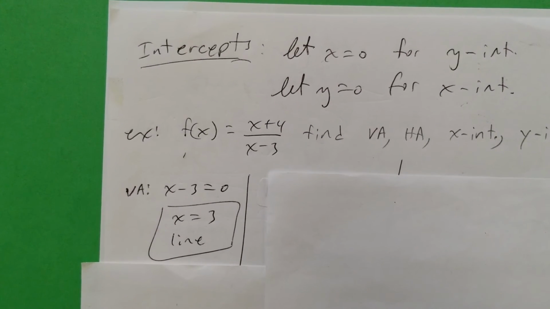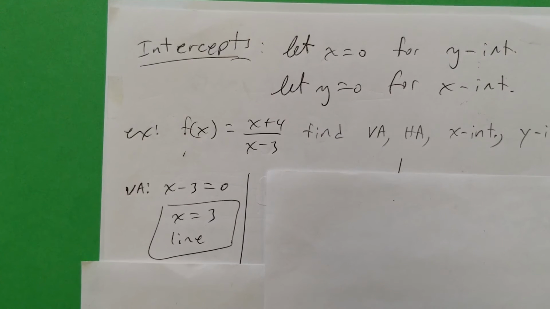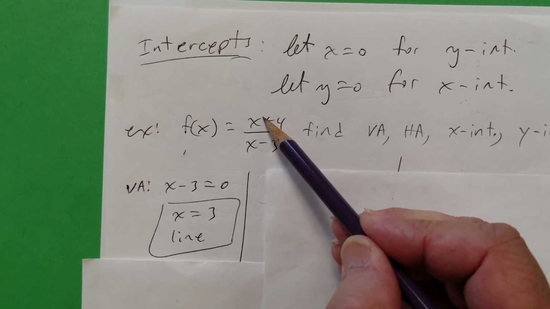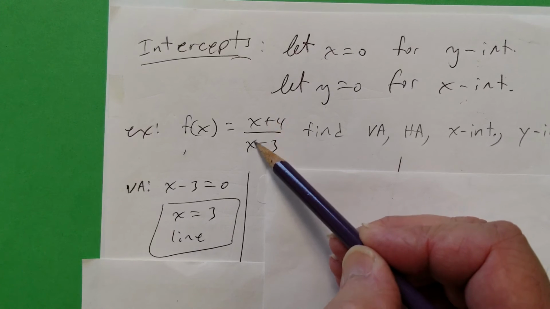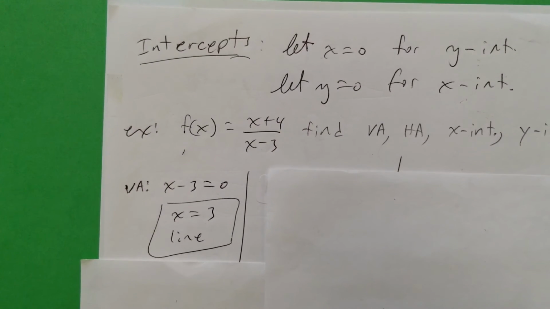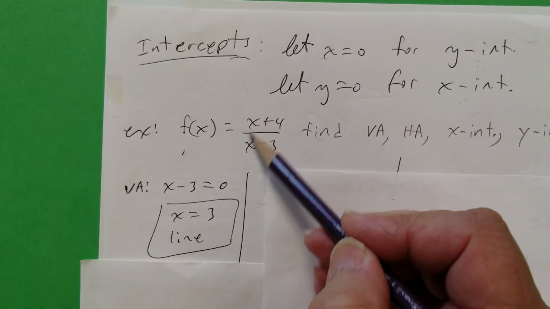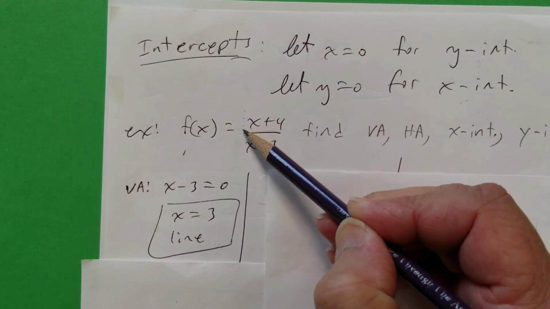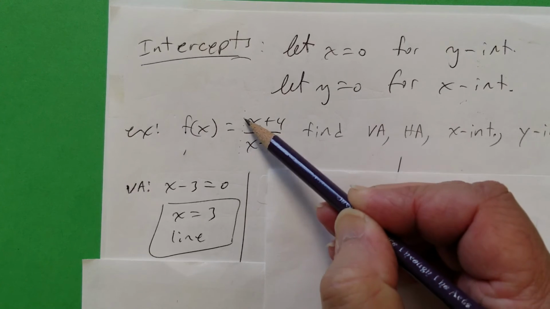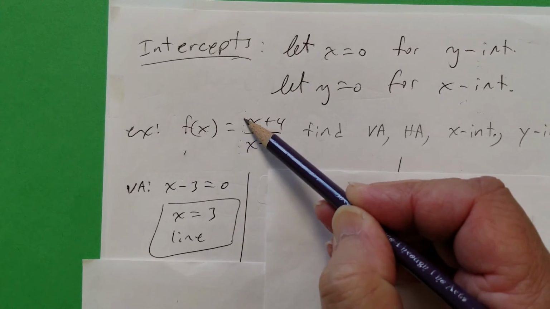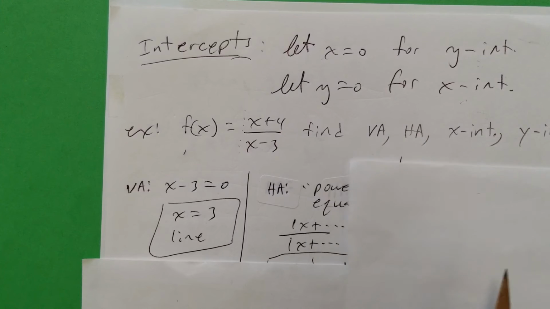What about the horizontal asymptote? That's when we check the powers of x. Oh, look at that. The powers are equal. What do we do when the powers are equal? Look at your notes. When the powers are equal, the x's cancel, and we take the numbers in the front here, which happen to be 1, 1 over 1, which is 1.